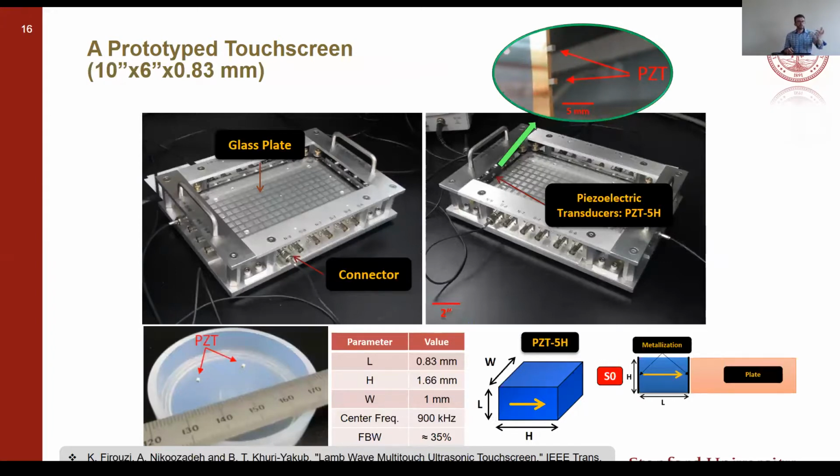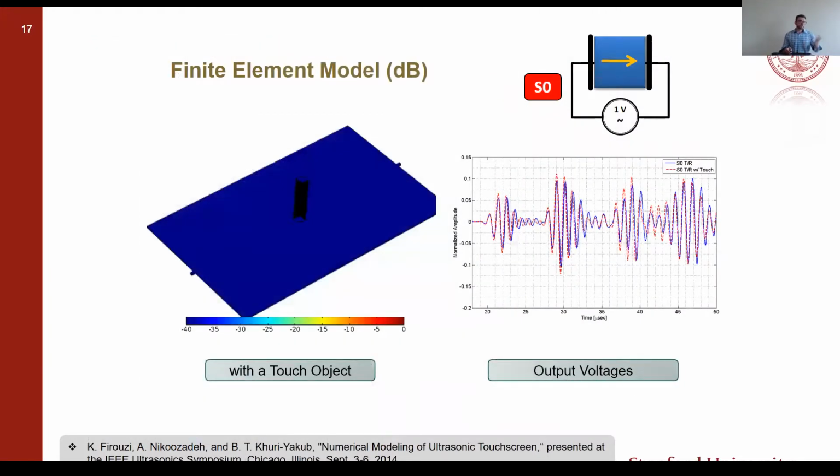The screen is tablet-sized, 10 inches by 6 inches, and almost 1 millimeter thick. Each cuboidal element is roughly 1 millimeter by 1 millimeter by 1 millimeter, and they are bonded to the screen. We studied the physics of the system.